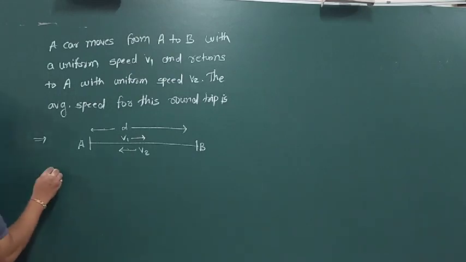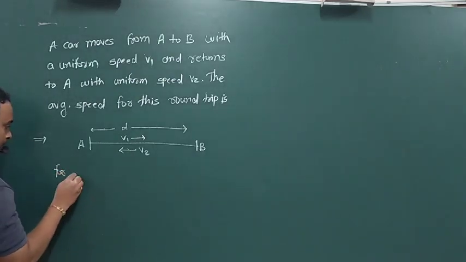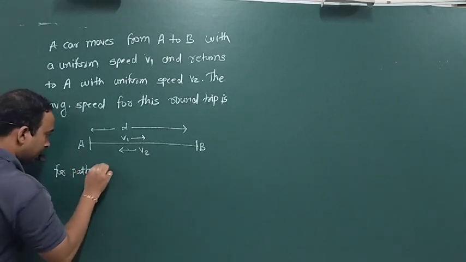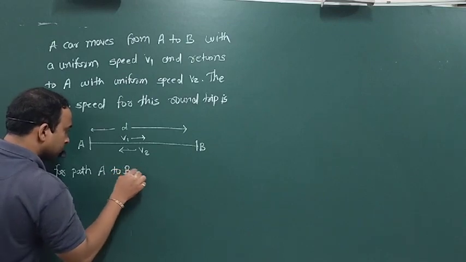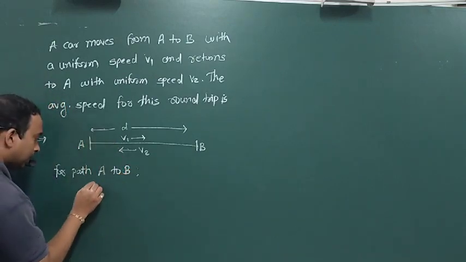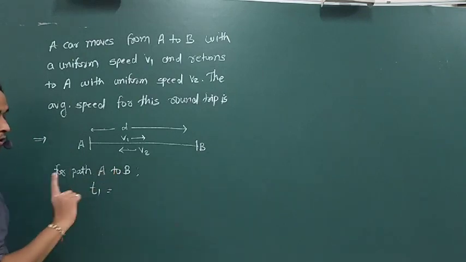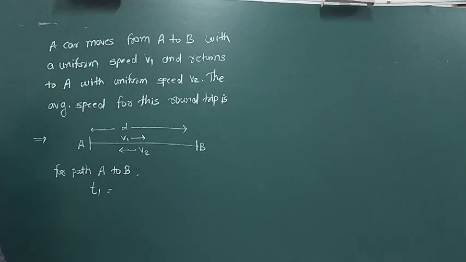So for path A to B, time t1 is equal to, the formula for speed is distance upon time.